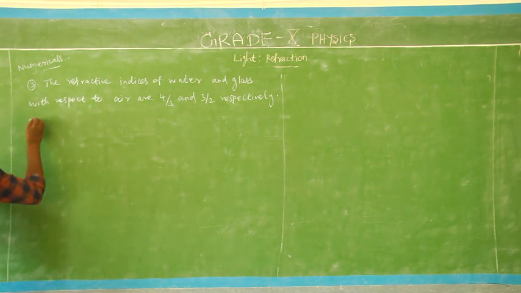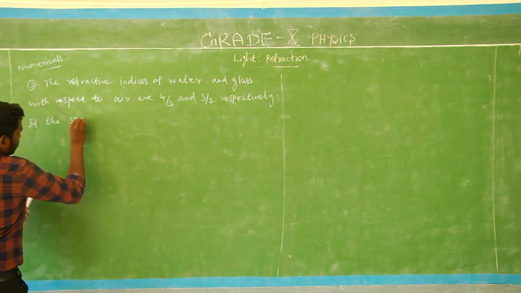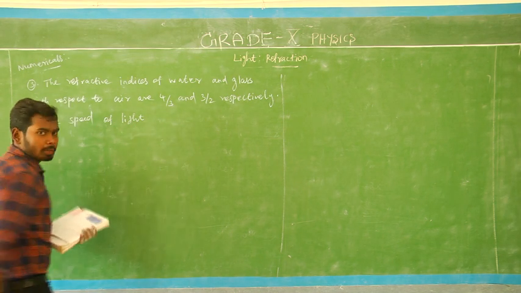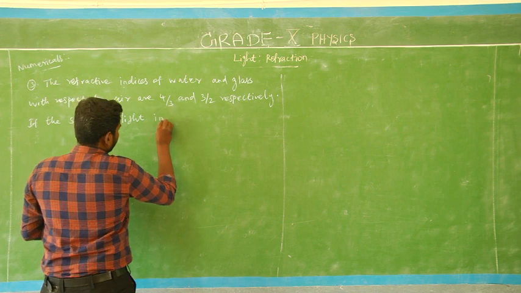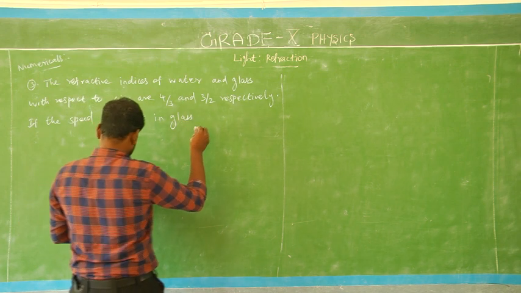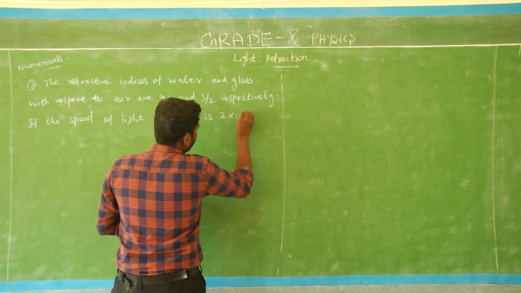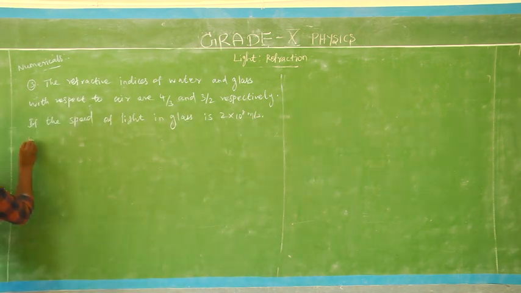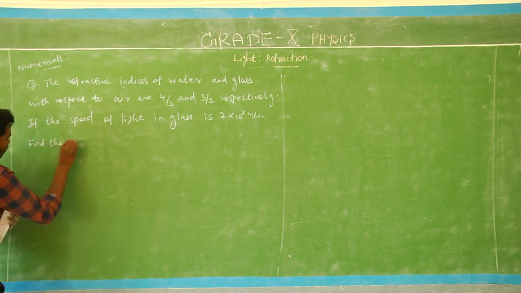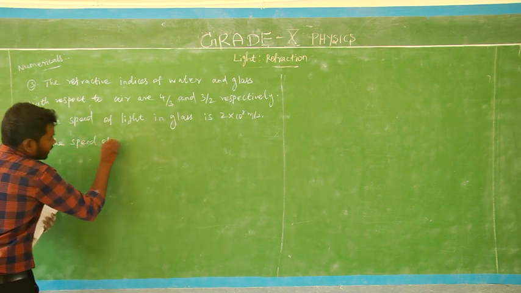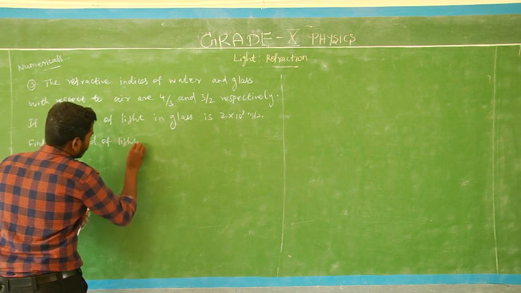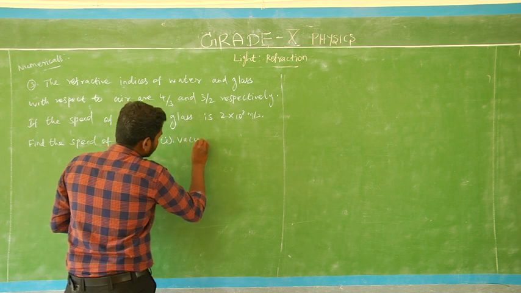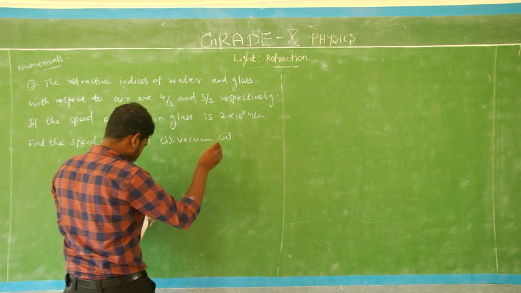So if the speed of light in glass is 2 into 10 to the power 8 meter per second, find the speed of light in vacuum. Second one, water.